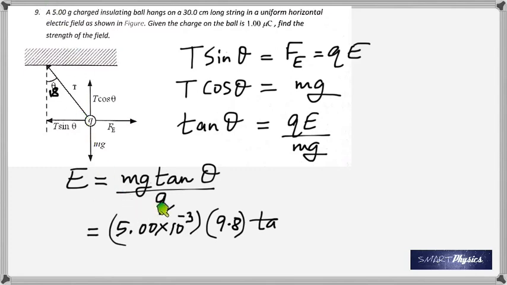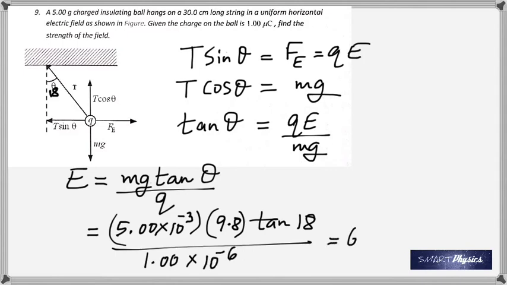That's why the mass is in kilograms. 5 divided by 1,000, or 5 times 10 to the negative 3. 9.8 times tangent of 18. So that is the answer that you get.